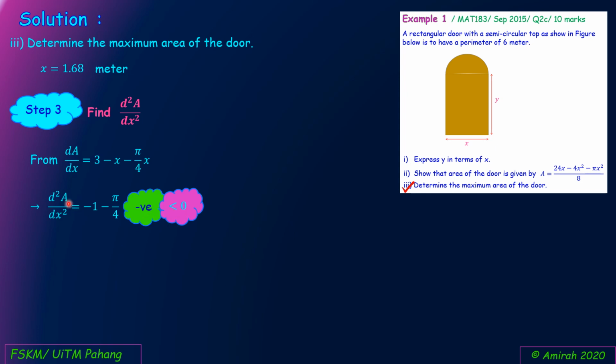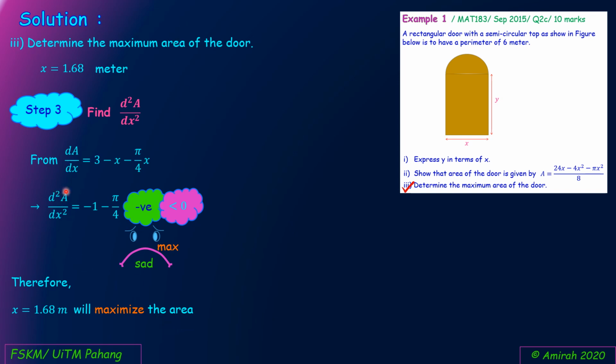So when the second derivative has a negative value, negative means we will get a maximum, the graph is maximum. So therefore, x equals 1.68 meter will maximize the area.